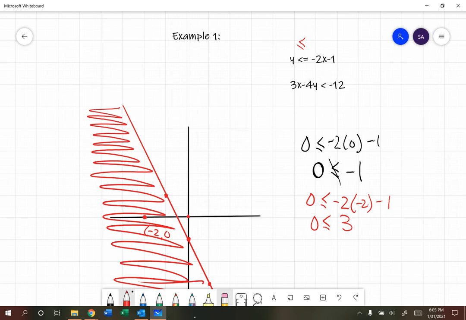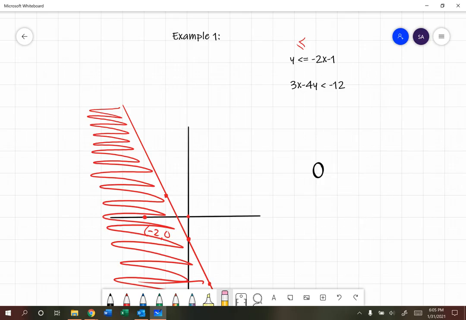My second line or inequality that I'm going to draw is 3x minus 4y is less than negative 12. So since this is in standard form, I have a couple of choices. I could rewrite this in slope-intercept form, or I could do my intercepts.